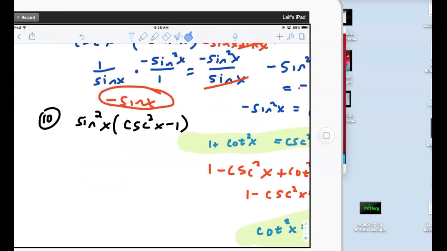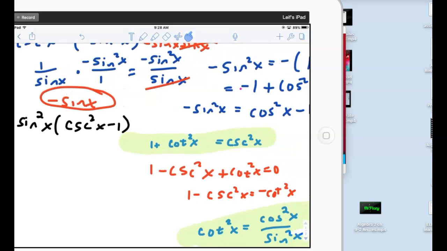Okay, number 10. So I see cosecant squared minus 1, and I would like to find something other than that. So I go up to my list of formulas and I find this one, 1 plus cotangent squared equals cosecant squared. So if I take that equation and I manipulate it a little bit so that I subtract cosecant squared from both sides, I get 1 minus cosecant squared plus cotangent squared equals 0.